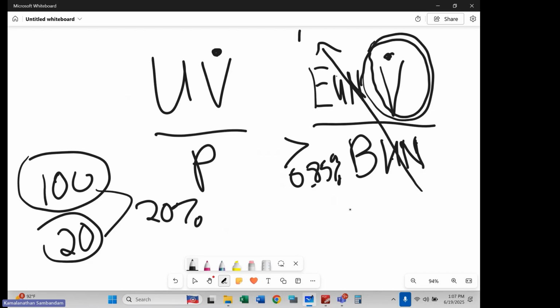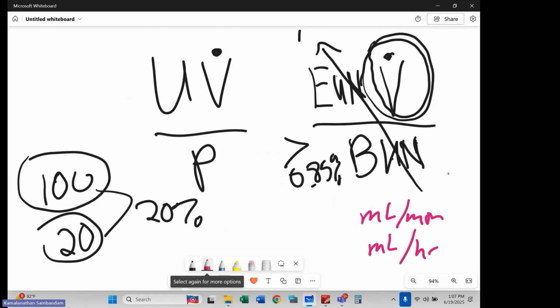This is easy math because remember, your blood flow rate is in mils per minute. Your replacement fluid flow rates are going to be in mils per hour.